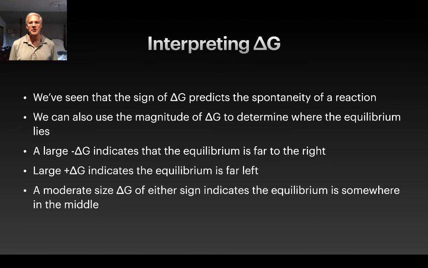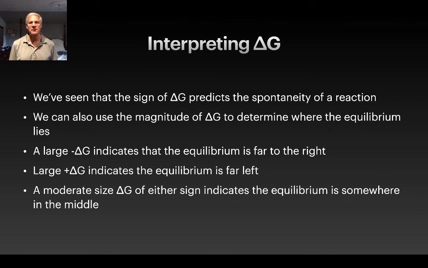If we have a large positive delta G, it indicates that the equilibrium is far to the left. We have to shift way towards the reactant side from standard conditions in order to get to equilibrium. If you have a moderate-sized delta G of either sign, positive or negative, it indicates that the equilibrium is somewhere in the middle.